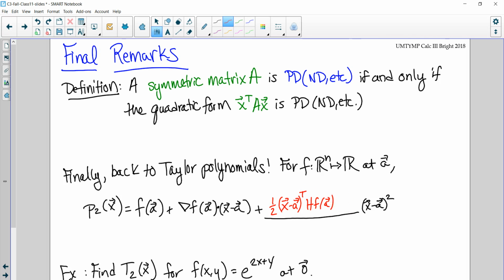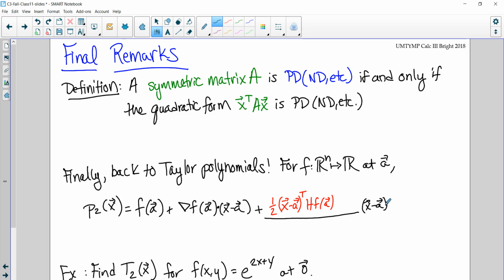Okay, and then vector x minus vector a. And actually, I'm going to omit one of those squares because I've already put it out in front. So I'm just going to modify what I had there.